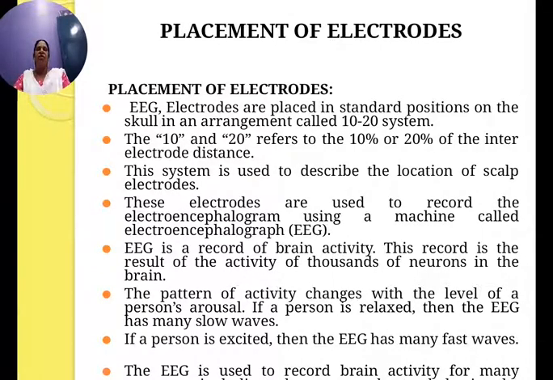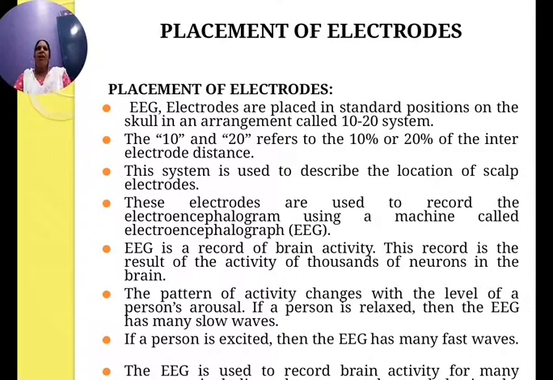EEG electrodes are placed in the standard positions on the skull in an arrangement called the 10 by 20 system.